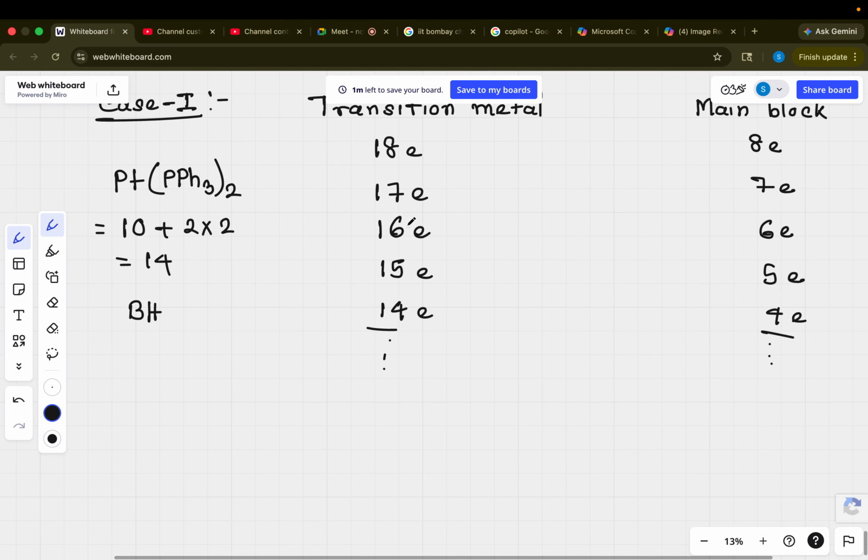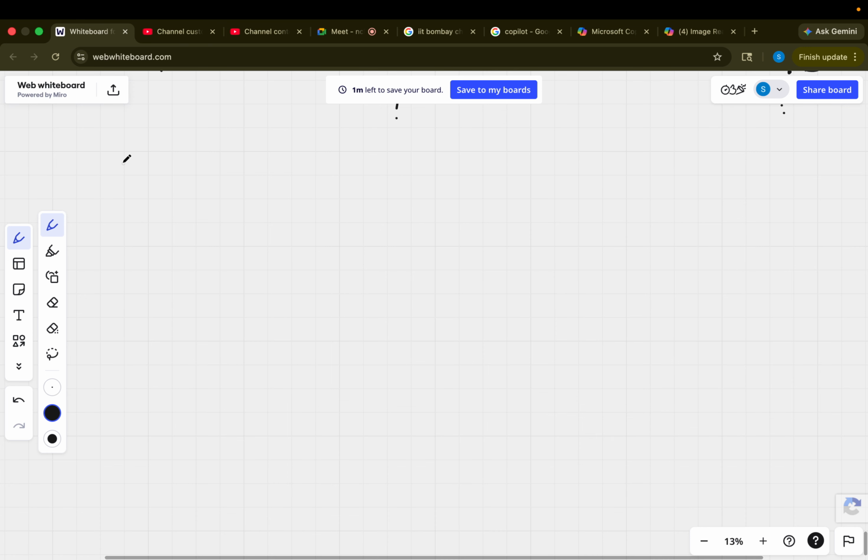Okay, now number 2, write down case 2. Here we will consider transition metal compared with transition metal.